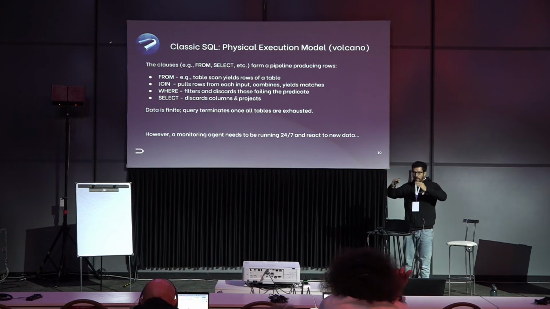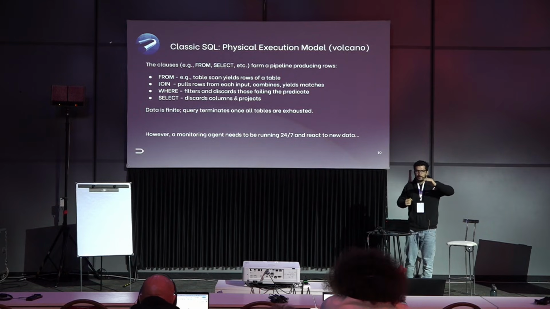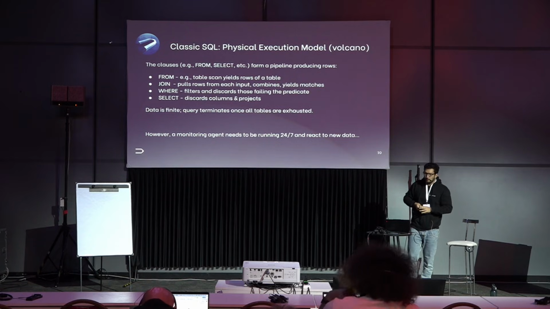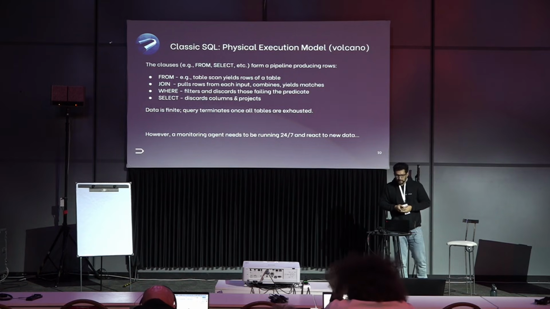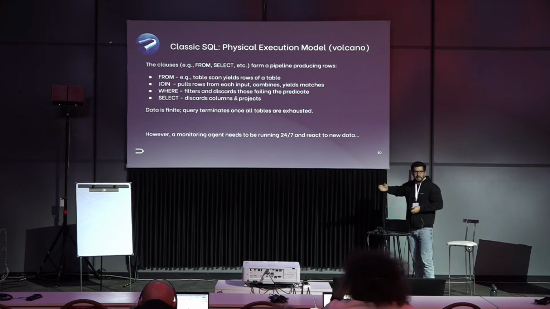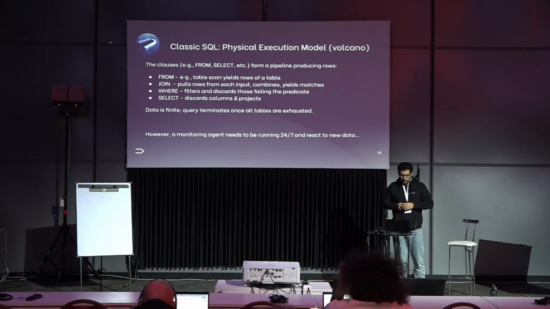Then you've got the where, which filters, okay? And if you notice, these things form a pipeline. And that's exactly the way a modern SQL implementation will execute this. So sometimes this pipeline is called the volcano model. It's basically an iterator model. And so on and so forth.